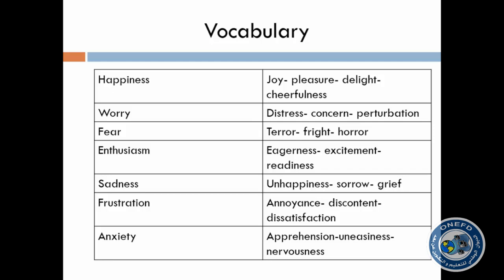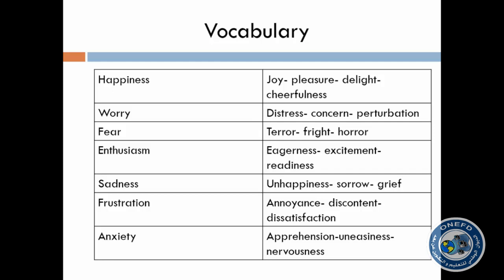Silent letters mean that we do not pronounce them. So that's why we say delight and not any other pronunciation. We have worry, synonymous with distress, concern, perturbation, fear, terror, fright, and horror.